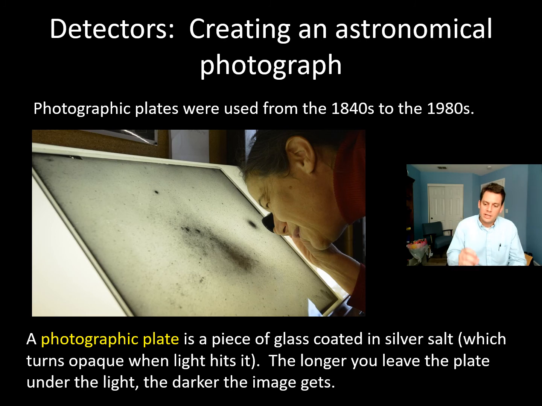When light hits it, there's a chemical reaction that creates a new compound, and it becomes black. So if you cast an image onto this plate, the longer you expose that plate, the darker the image will get. That technology developed in the 1840s, was refined, but essentially was unchanged for 140 years until the 1980s.